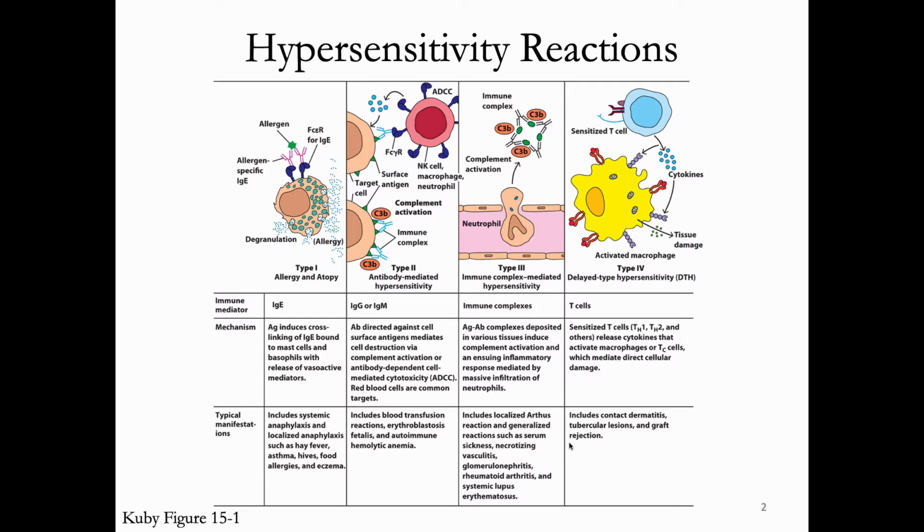When we look at the 4 types of hypersensitivity responses, they are different based on what is the main type of immune response that's causing the problem. For 3 of them, there's some type of antibody that's really causing the problem.